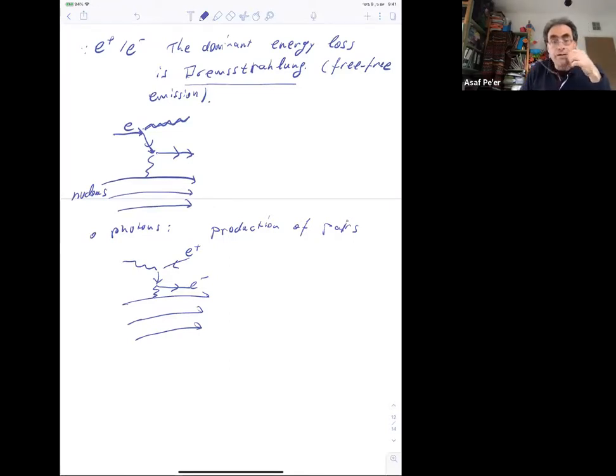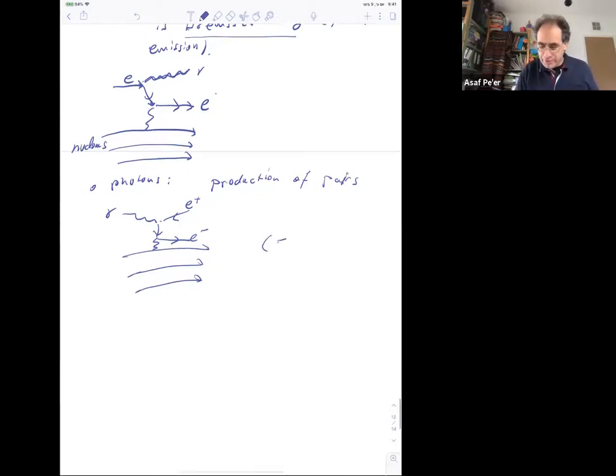So the end result is that you start with the photon and wind up with a pair. Of course, this can only happen if the initial energy is greater than 2 times the mass of the electron, only if E initial is greater than 2 ME. But when we speak about electromagnetic showers, we talk about particles of much higher energies.